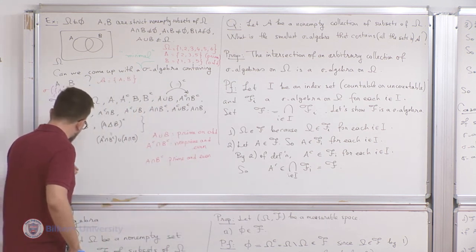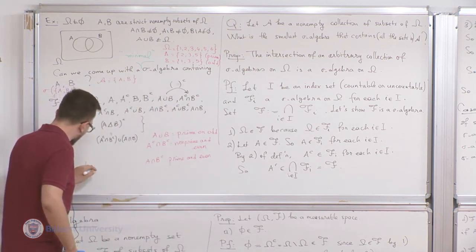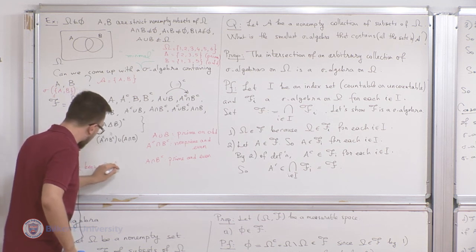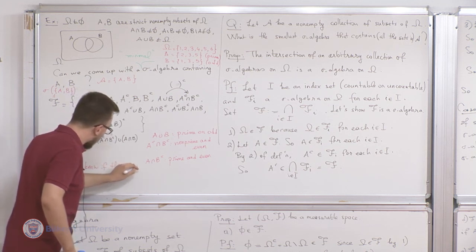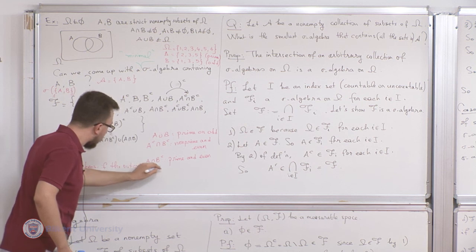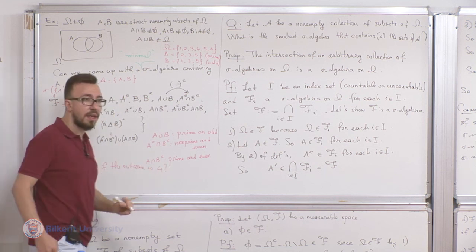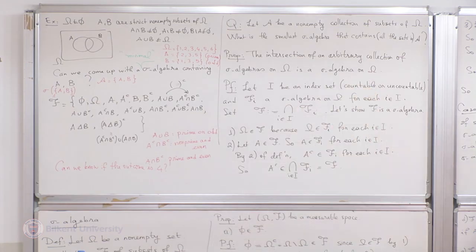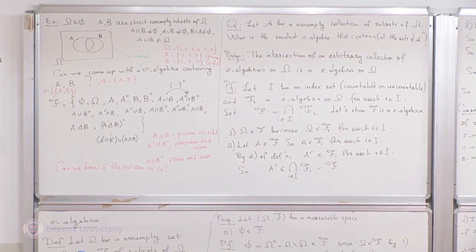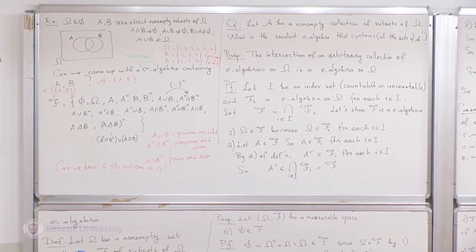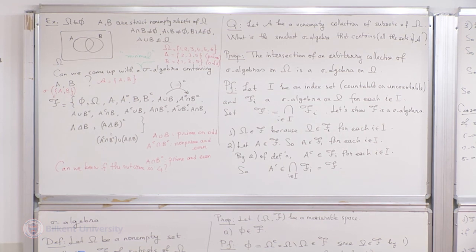Can we know if the outcome is 4? No, we cannot say if it's 4 or not.